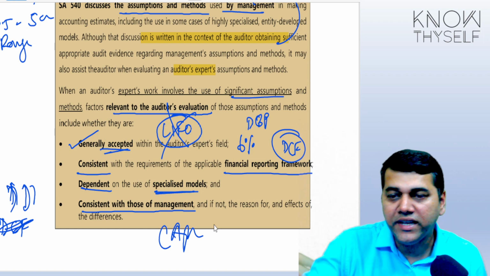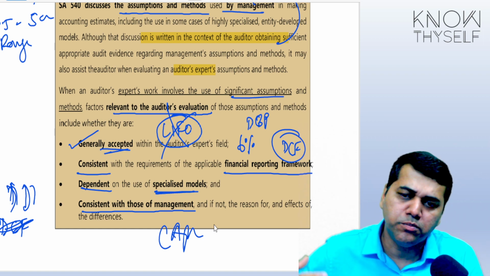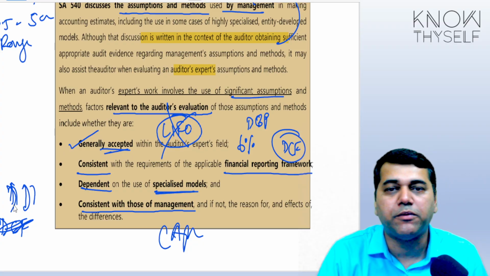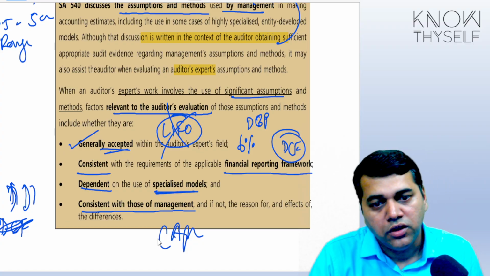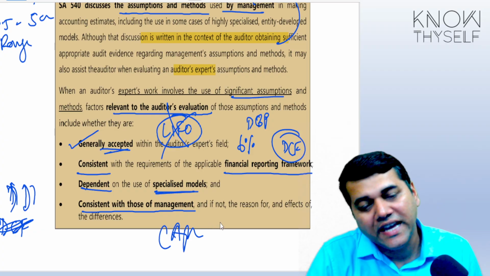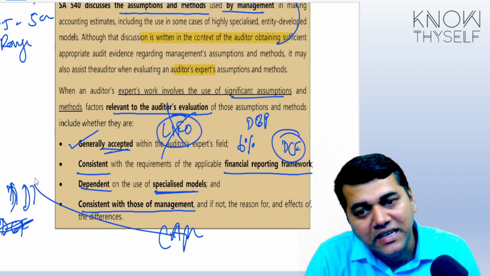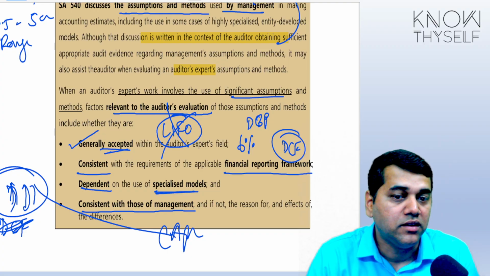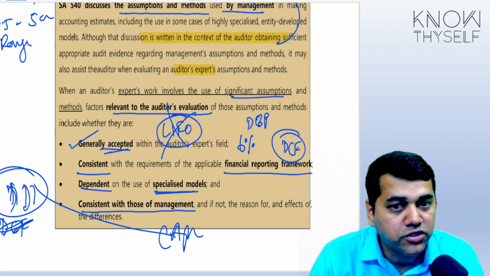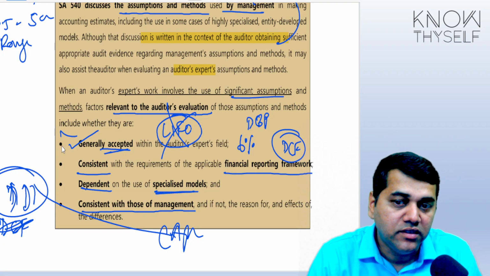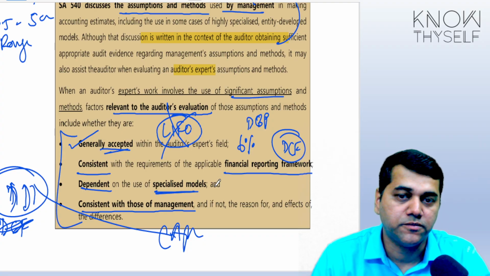They are not consistent, because both models make different types of assumptions. So whatever model the expert chooses, is it in line with what management has done? Are any special models taken? These are the factors he has to evaluate.